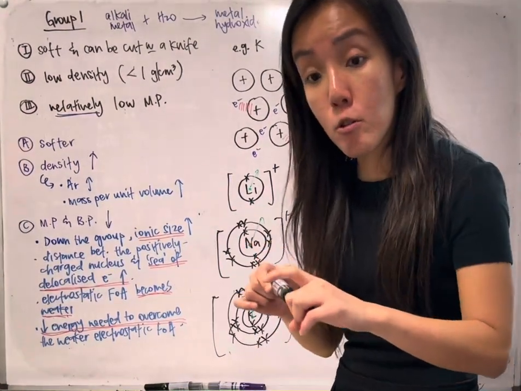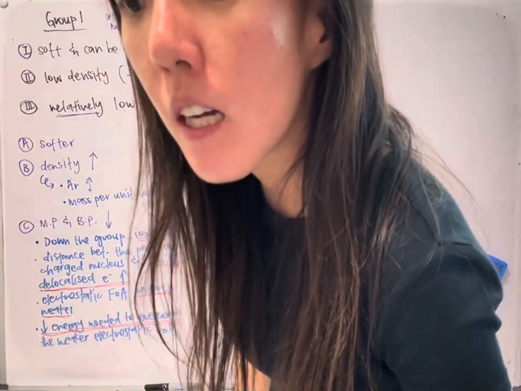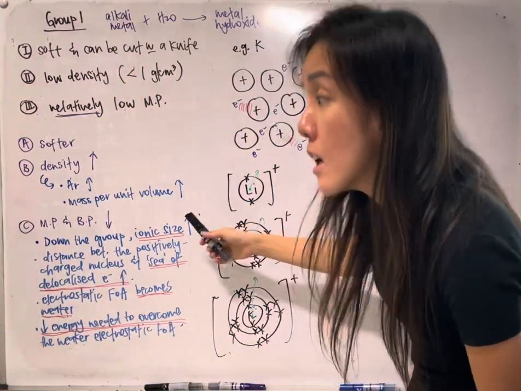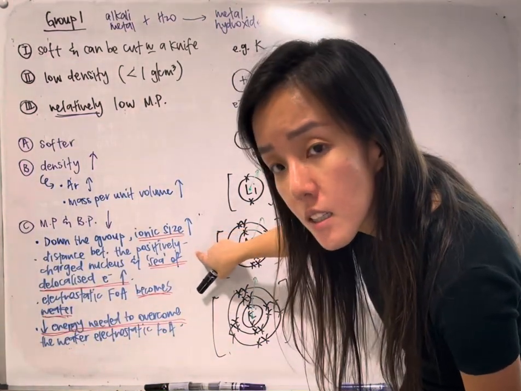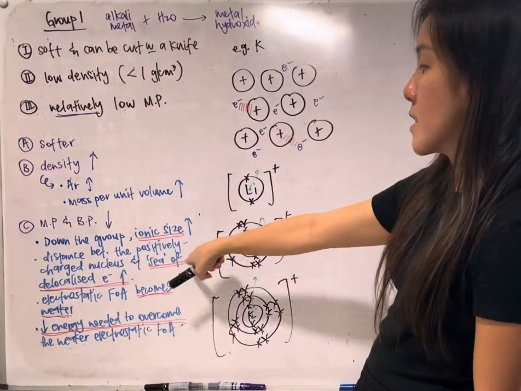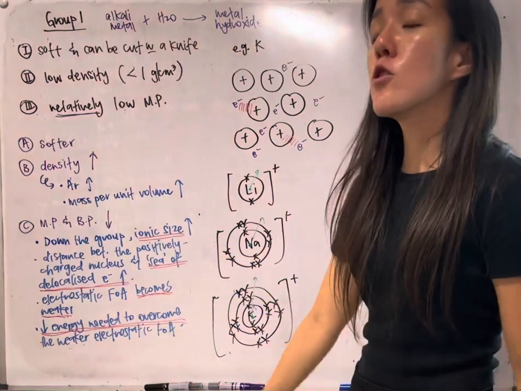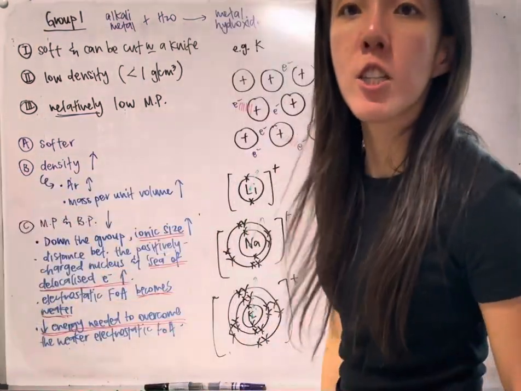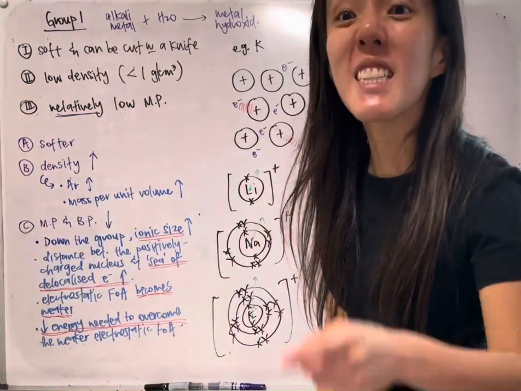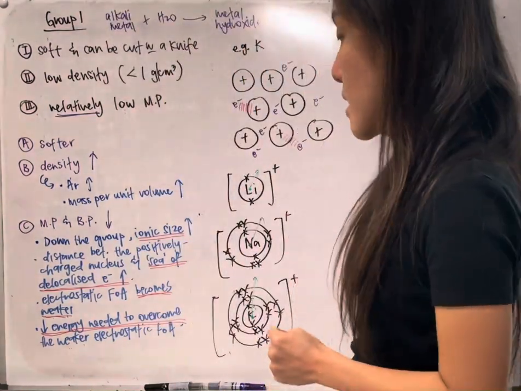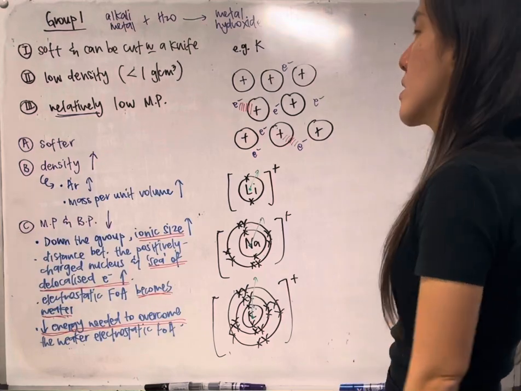Down group 2, you have your periodic table in front of you, right? What happens to your ionic size? Increase. Yeah, then what do you say? Distance between the positively charged nucleus and the sea of delocalized electrons increases. So what happens to the electrostatic force of attraction? Becomes weaker, don't write decrease, and therefore lesser energy needed to overcome the weaker force of attraction.